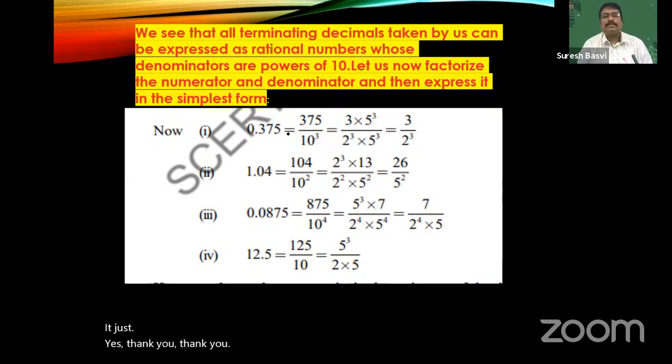So, see this: 0.375 can be written as 3 by 2 cubed. Next, 1.04 can be written as 26 by 5 square.